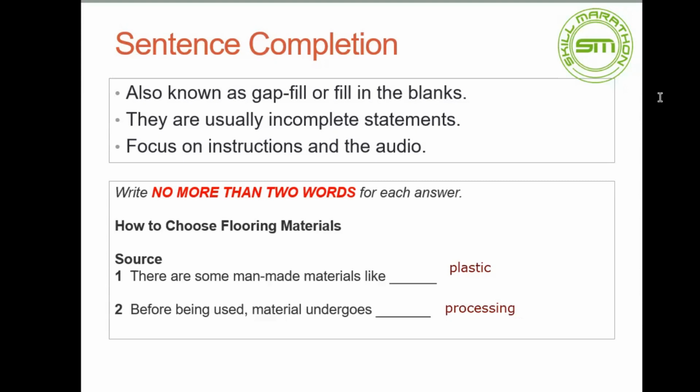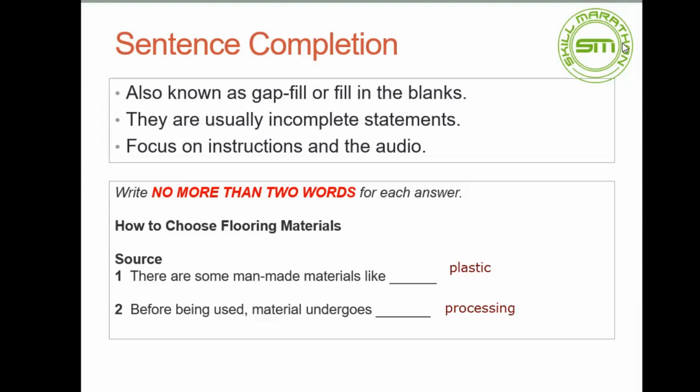Clear? Another thing is there is a possibility where the person in the audio clip may lead you to a certain answer, but then say something else and that might change the answer. For example, they may say something like there are some materials that people use, usually wood. Some man-made materials that people use, which is plastic.